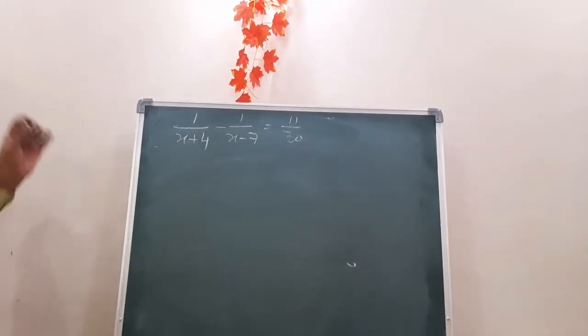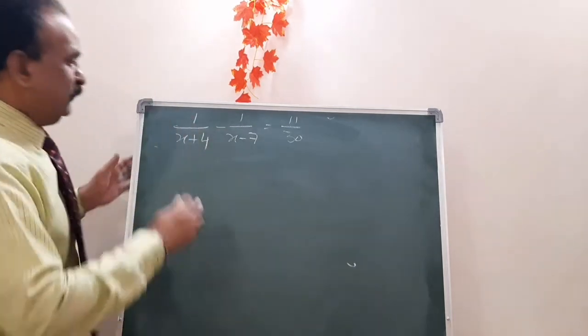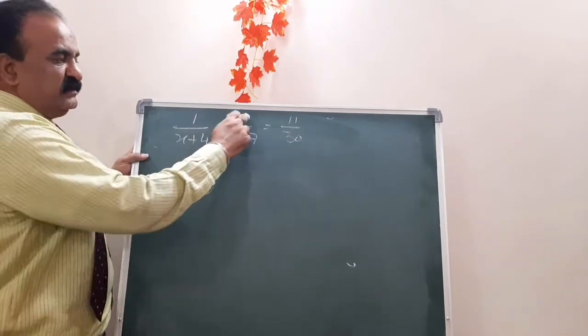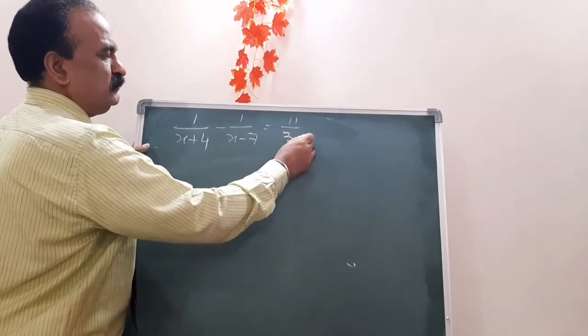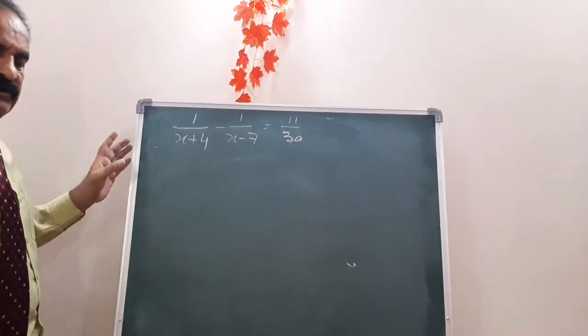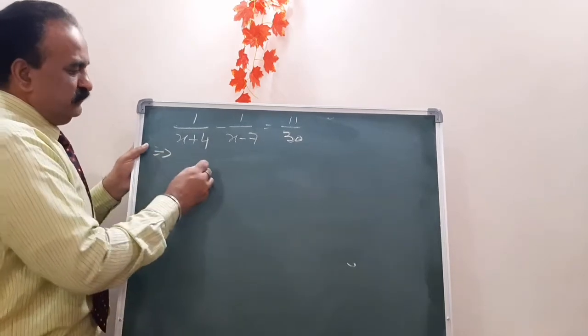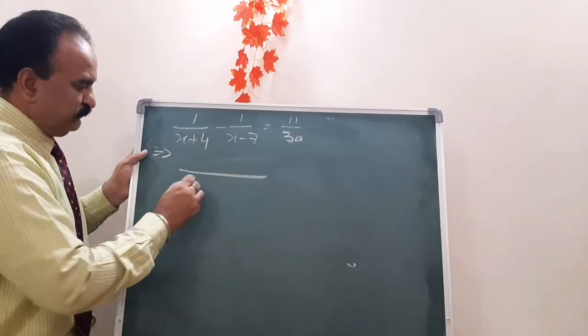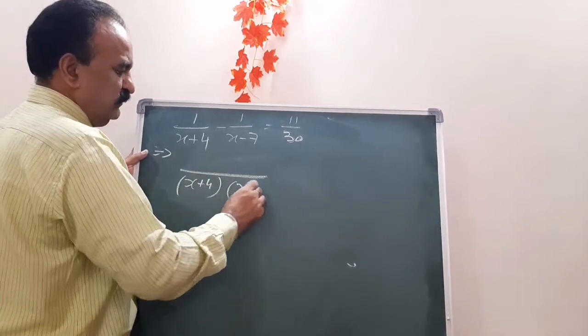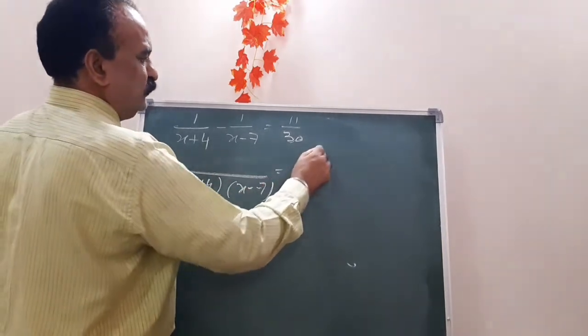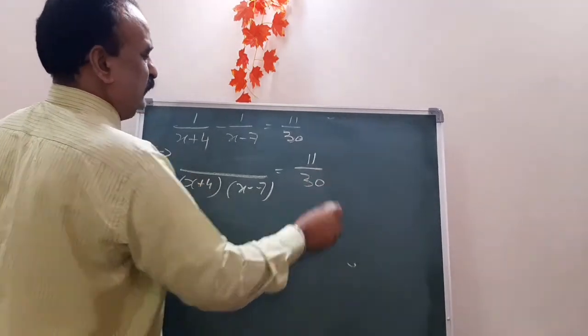See, question is 1 upon x plus 4 minus 1 upon x minus 7 equal to 11 upon 30. What you will do? Just take the LCM first. LCM is x plus 4 into bracket x minus 7 is equal to 11 upon 30.